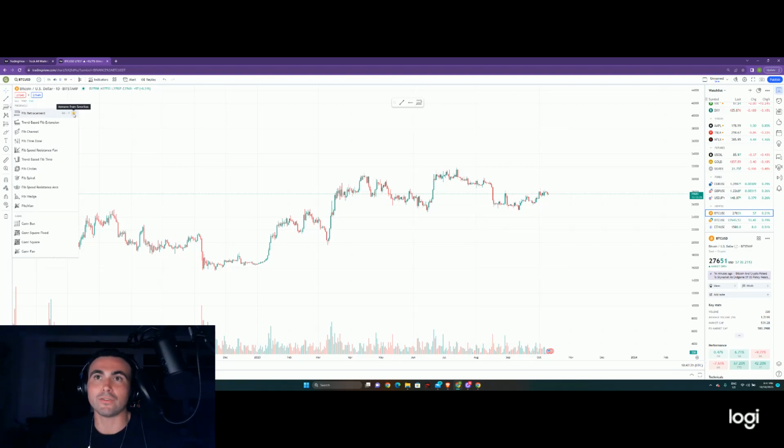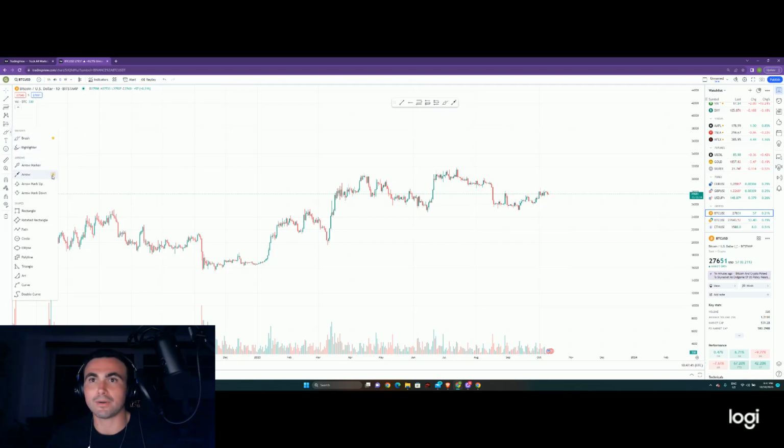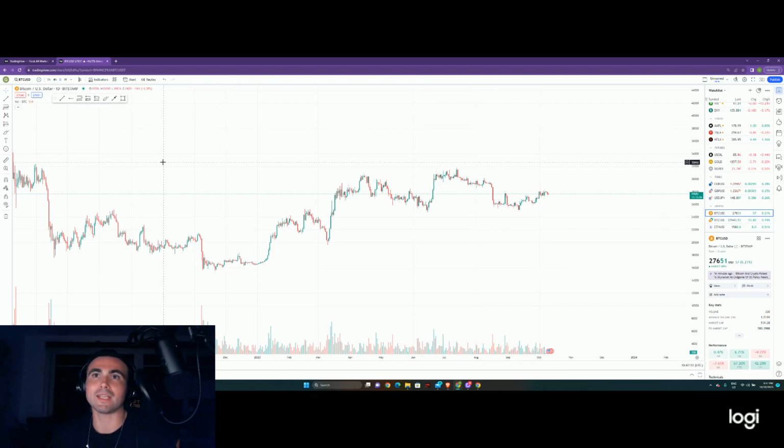As for tools, Fibonacci is another one that we will also go through at some point in time. Long position, short position, that's great for managing your risk to reward ratio. Brush, arrow, and rectangle, that's a great one too. Now notice, once you favorite those, you'll have a toolbar that pops up the top here. Keep that near your timeframes.